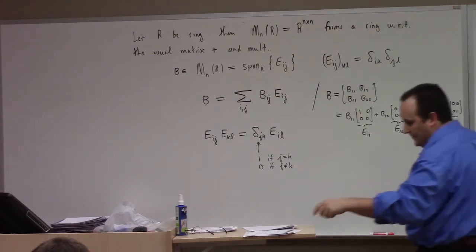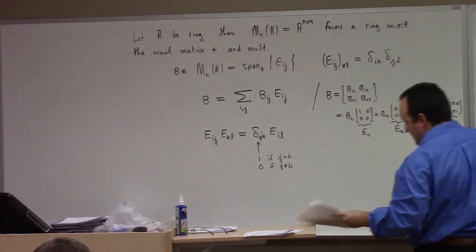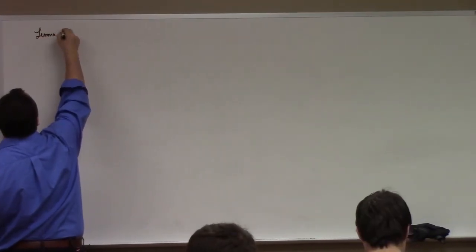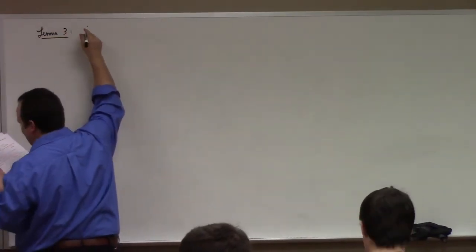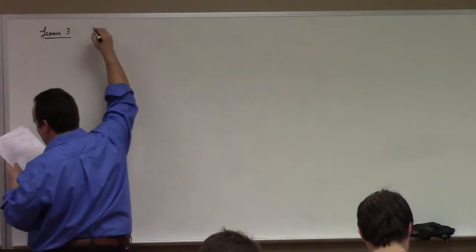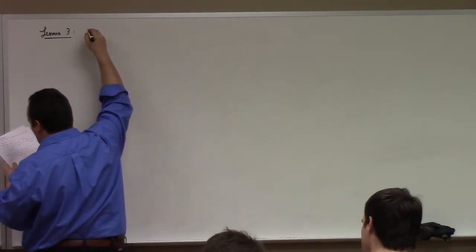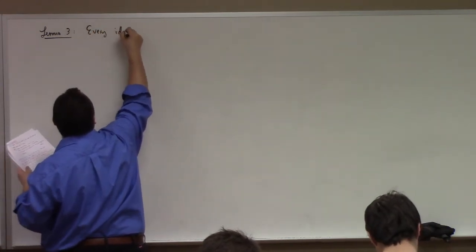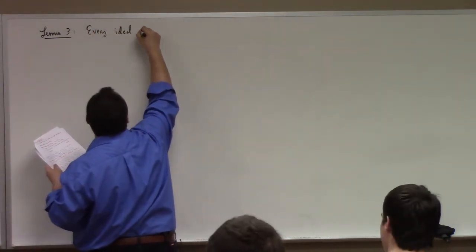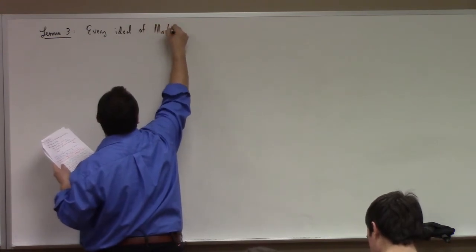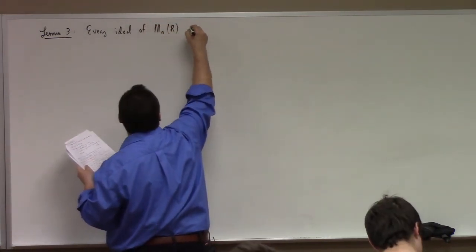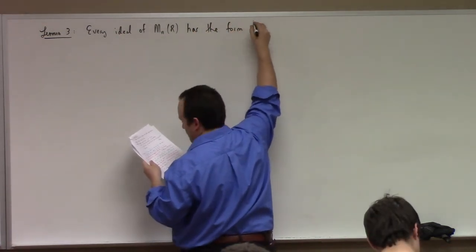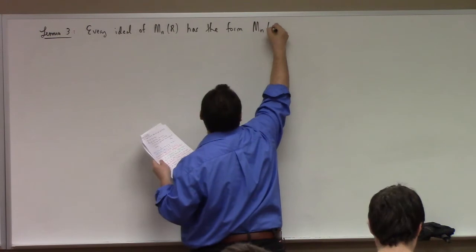Now, the lemma is the following. This is lemma 3. And the lemma is really the theorem, more or less. I mean, it's not the theorem, but it's awful close to it. Anyway, here it is. Every ideal of the matrix ring has the form M_n(A).